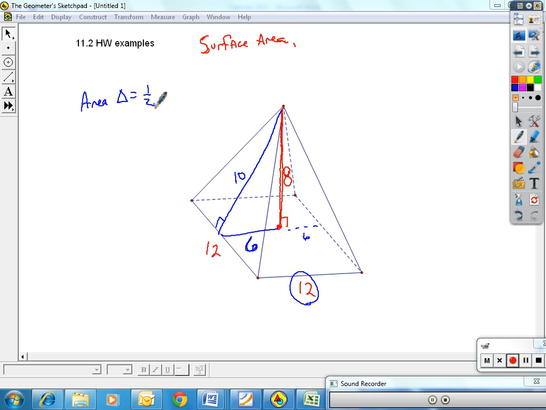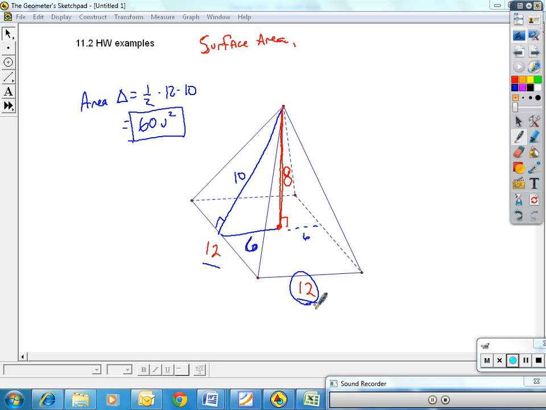It's going to be 1/2 base times height, which is 60 units squared. I'm not going to go through all of that again, but now that I know each triangle, multiply that by 4 and add it to the area of my base, which is a 12 by 12.